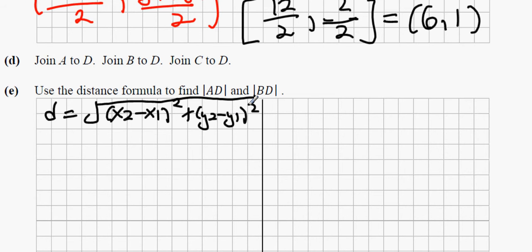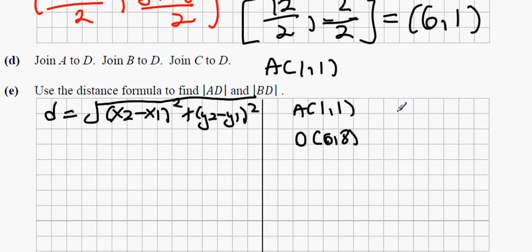We need to put down the points A, B, C, and D. A is 1, 1. D is 6, 8. B is 11, 1. And D, once again, is 6, 8.